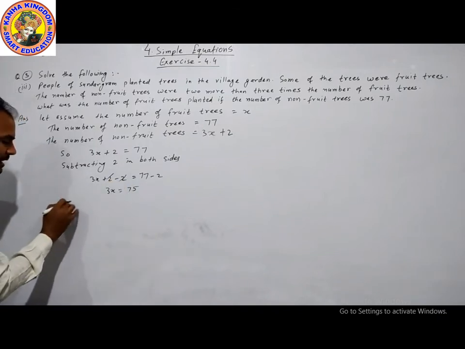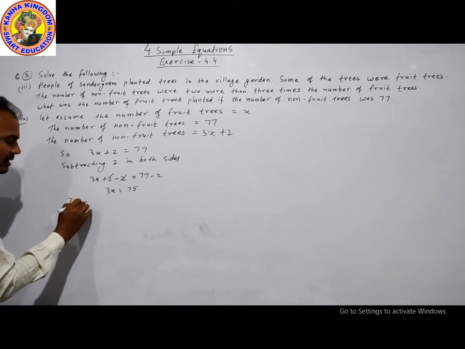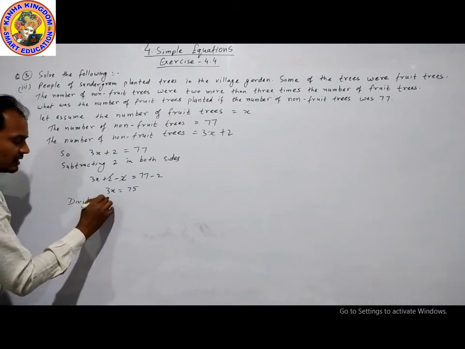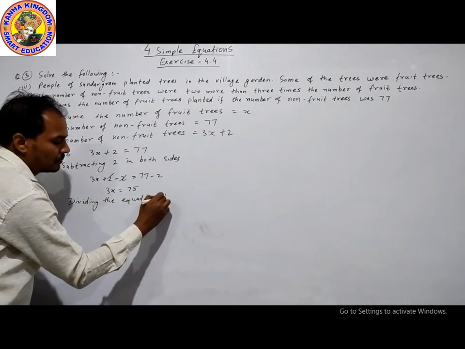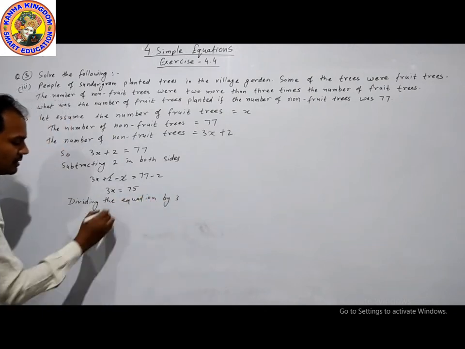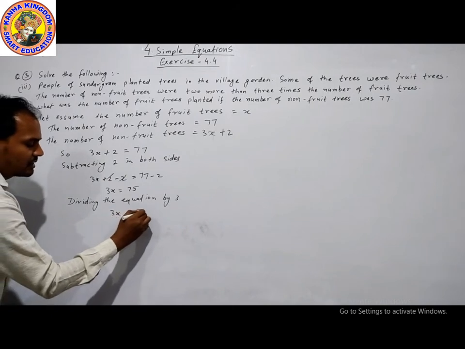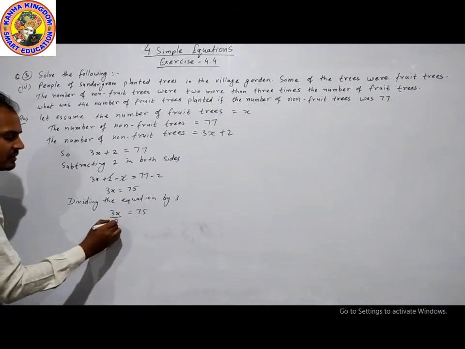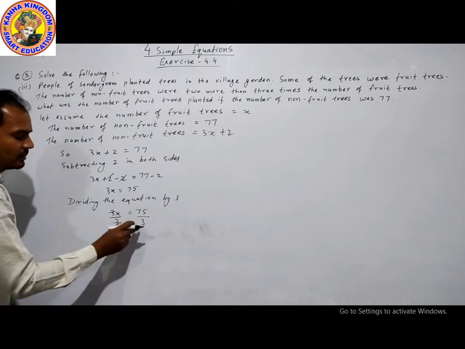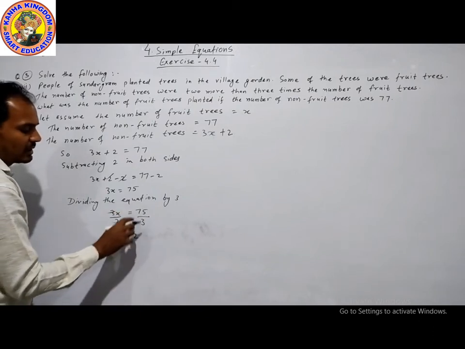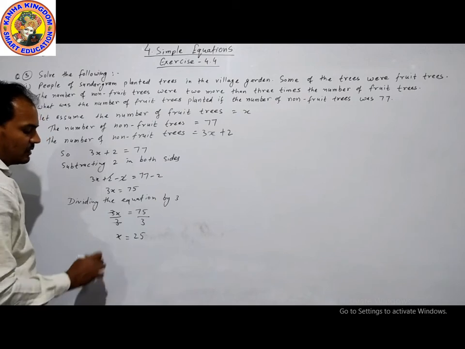Now here it is multiplied by 3, so we will divide the equation by 3. 3x is equal to 75. 3 and 3 cancel. X is equal to, dividing by 3, 2 times, then 5 times, 25.